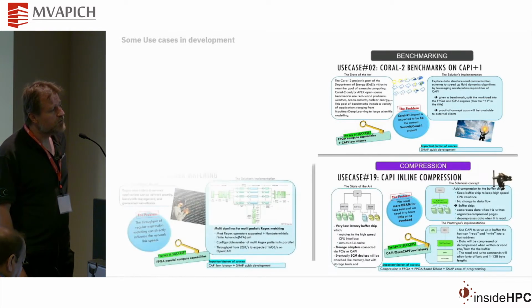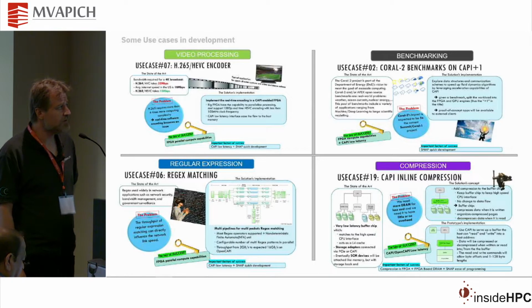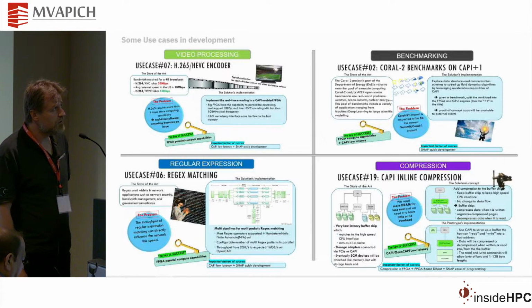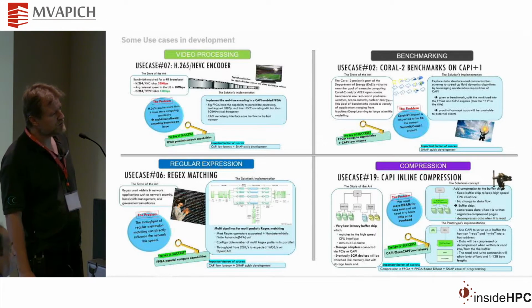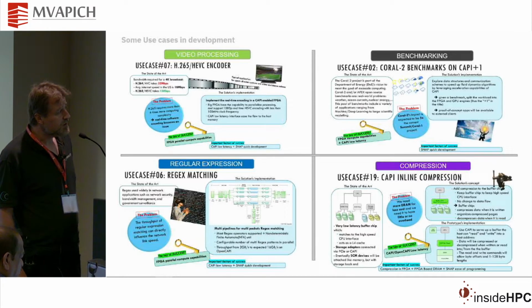So we have put here a few slides to give you examples of what we have seen in the last years. We talk about MPEG-4 or coming generations of video encoding, decoding. We have, on Coral, this big machine, they have run benchmarks on Coral type systems, regular expression matching.